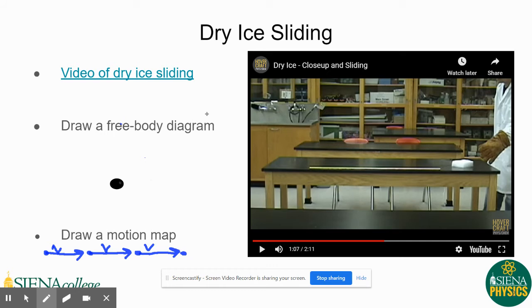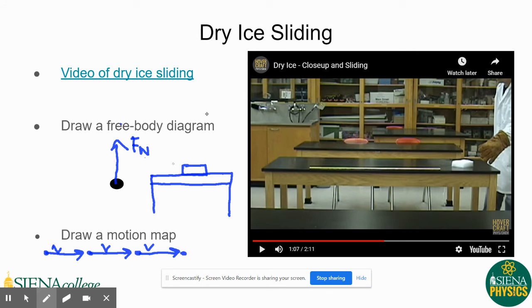And then if I draw my free body diagram, I'm going to think about the y direction. So I've got the force of the normal up. And again, I should have started with my interaction diagram. So my interaction diagram, I'm going to have a piece of ice on a table. Like that.